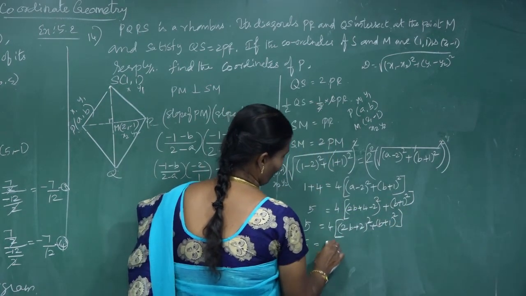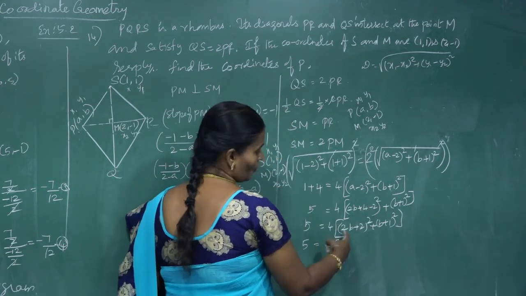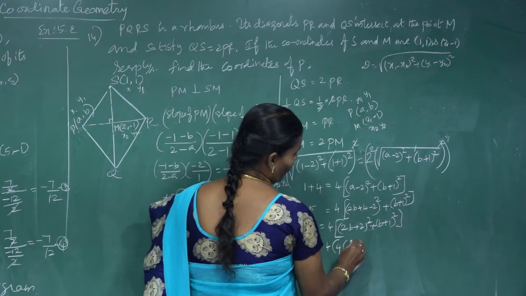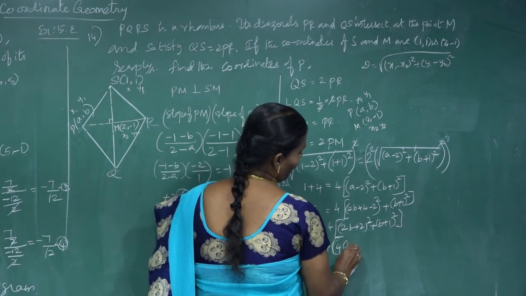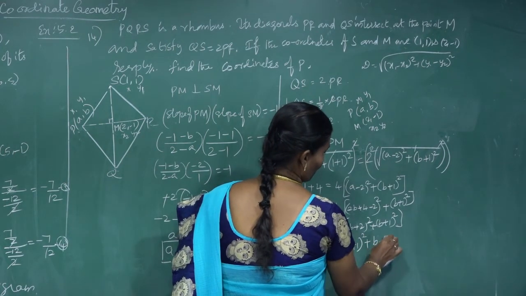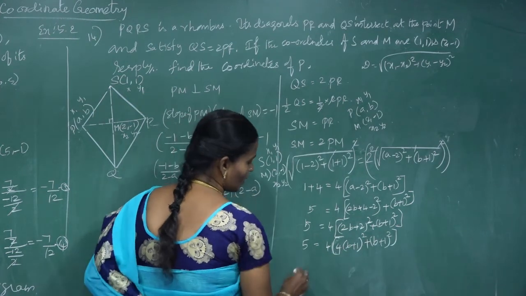Okay, 5 is equal to 4 of, here 2 you take outside. So if you take 2 outside in the whole square, that is 4. Okay, 4 of (B plus 1) the whole square plus (B plus 1) the whole square. See, in these two terms (B plus 1) the whole square is common.